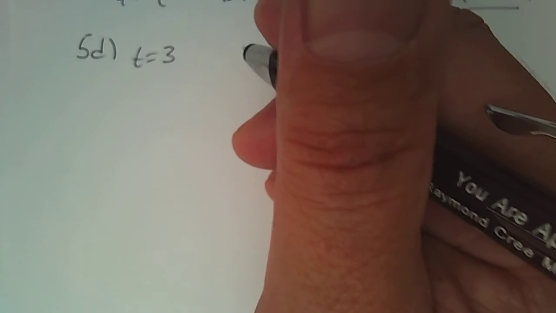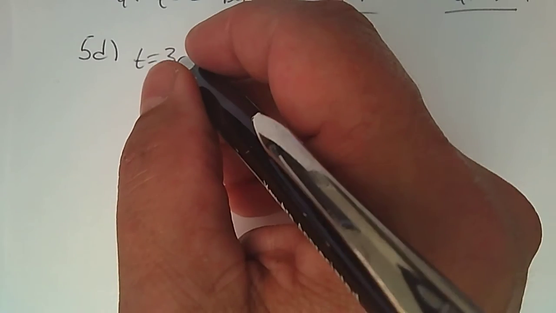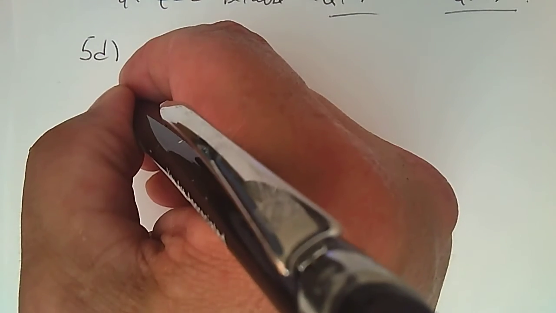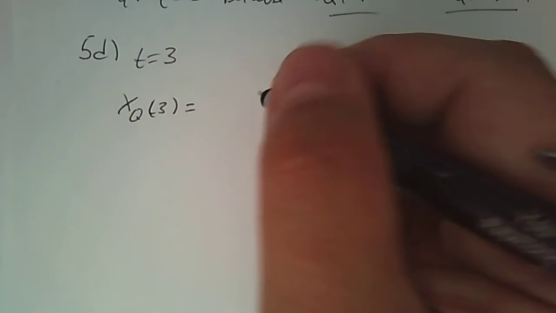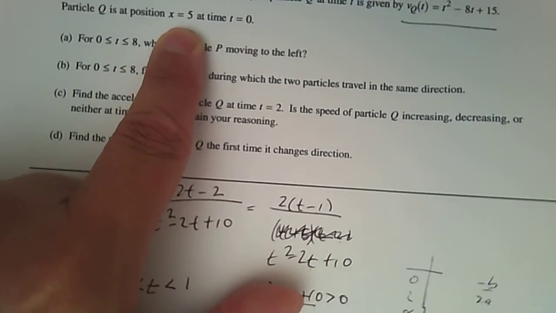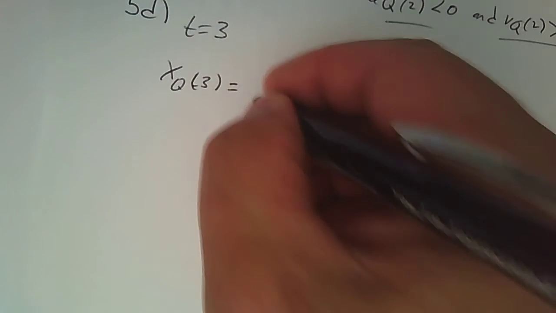So we're looking at 3 for when it changes direction for the first time. We get that off the velocity. Now, what do we know about Q? In the question, it says the initial position of Q is 5. So if I want to know the position of Q at 3, we start with what we know. At t equals 0, the initial position is 5. So we start there, it's 5.